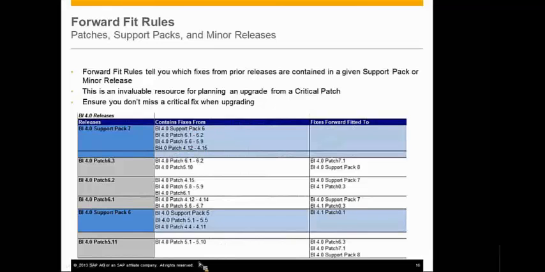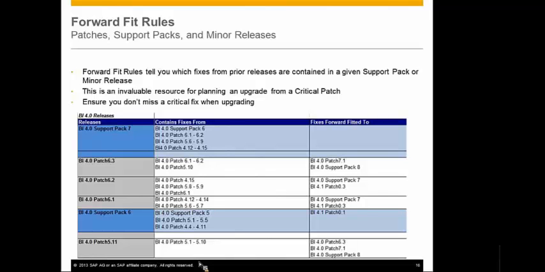Just some details around the forward fit plan, and I'll do a demo for you here in a few minutes. Effectively, you can see the table format of this Excel sheet, and the fact that it gives you the major release or the minor release, and we'll have a different tab depending upon whether you're on BI 4.0 or 4.1, as well as where the release contains fixes from.